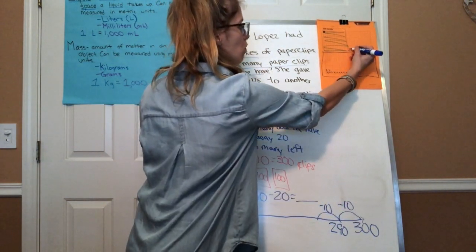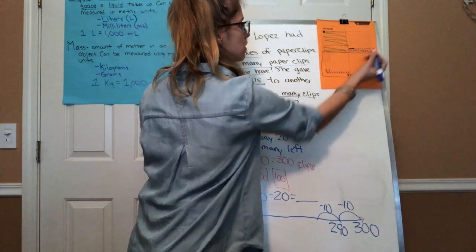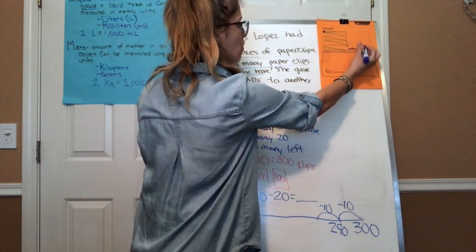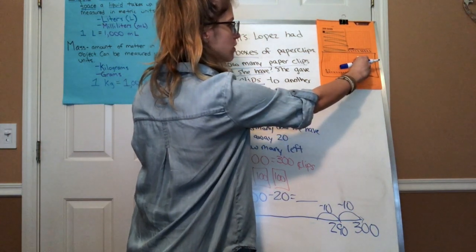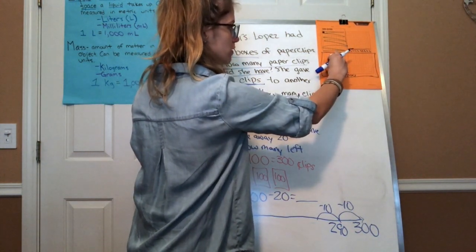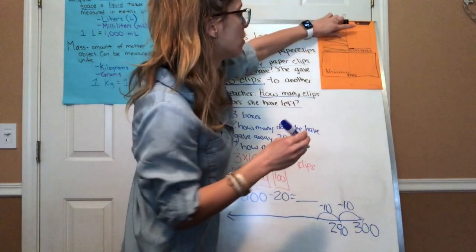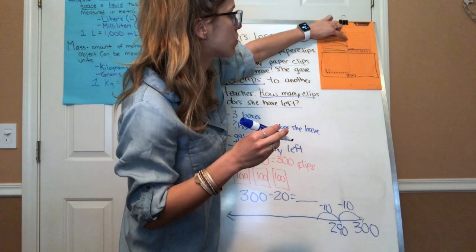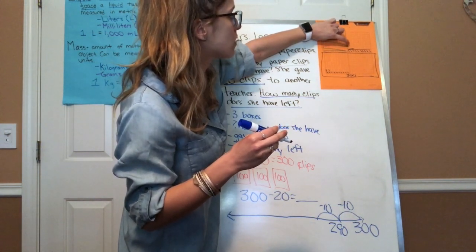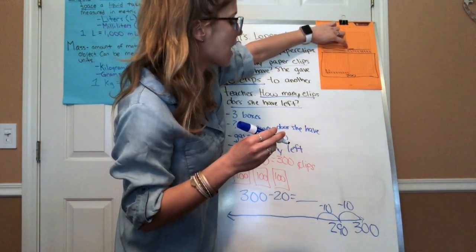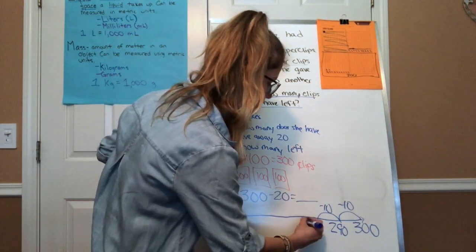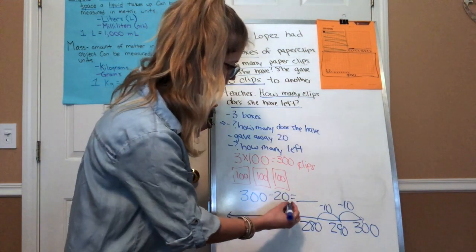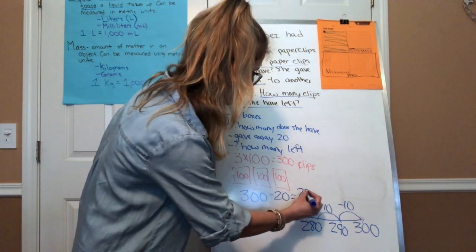So 1 whole row, and I would know that I would have 100, 200, and then 210, 220, 230, 240, 250, 260, 270, 280 left. So 300 minus 20 would be 280.